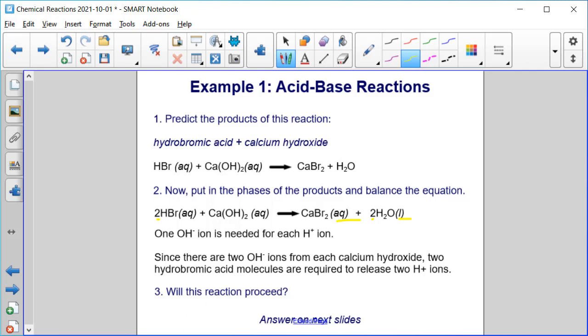Just like in our double replacement reactions, we ask the question, will this reaction proceed? The answer is yes. All acid-base reactions occur. It's different from a double replacement reaction where you have to have a solid precipitate for the reaction to occur. If we have this water and this ionic salt as a product, that's a neutralization reaction, and that always occurs.